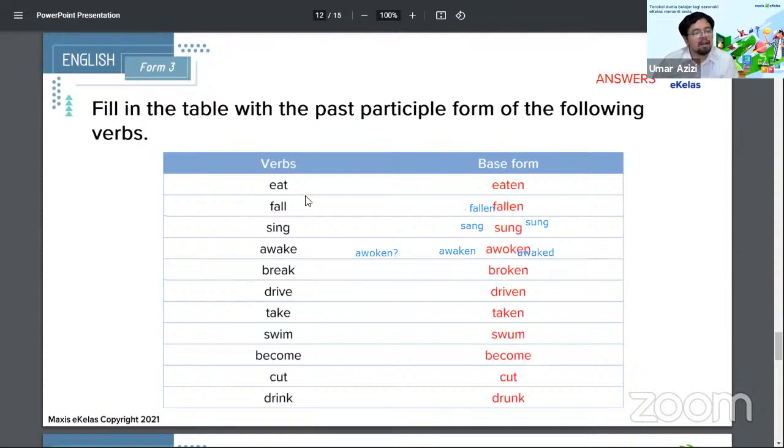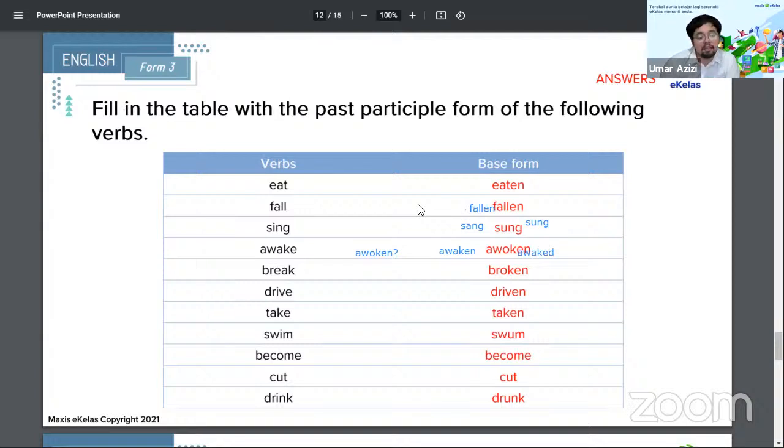All right, so here are all the answers. The past participle form of eat is eaten. We have fall, fallen; sing, sung; awake, awoken, because past tense, again, everyone, past tense; break, broken; drive, driven; take, taken; swim, swum; become, cut, and drink, drunk. All right. So again, past participle form.